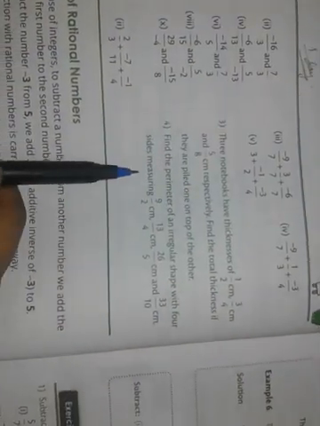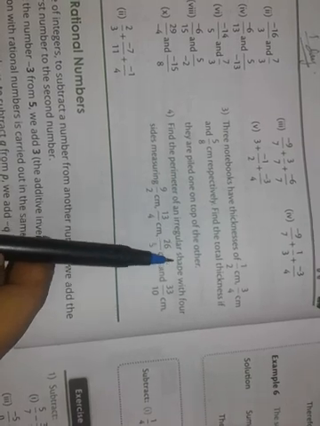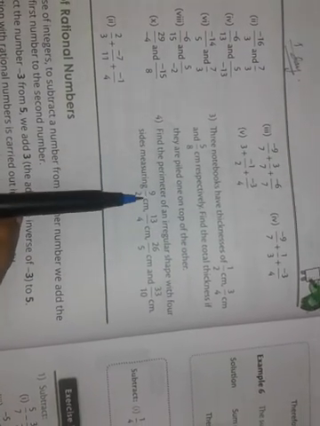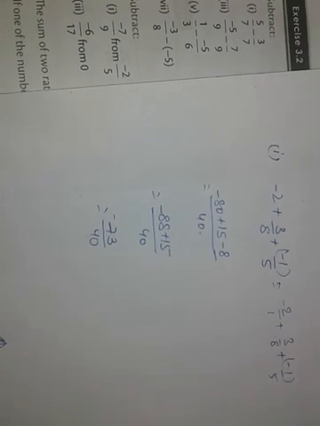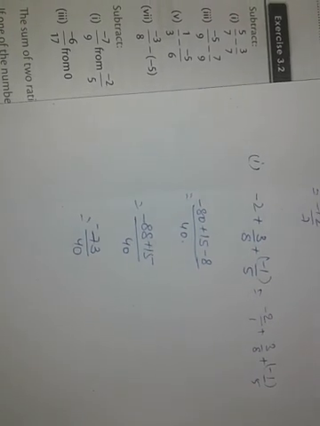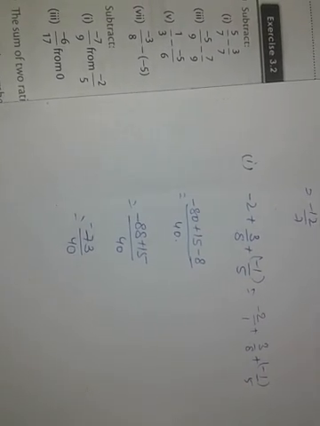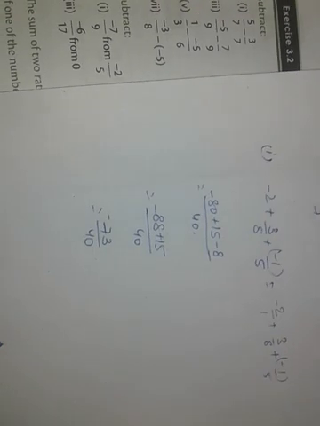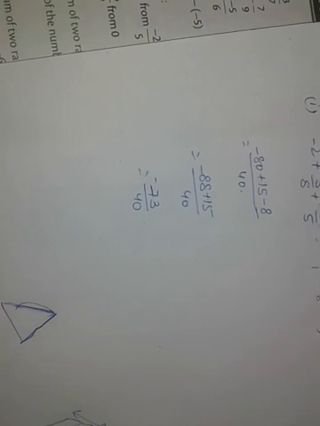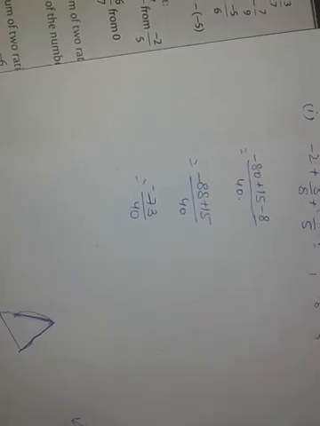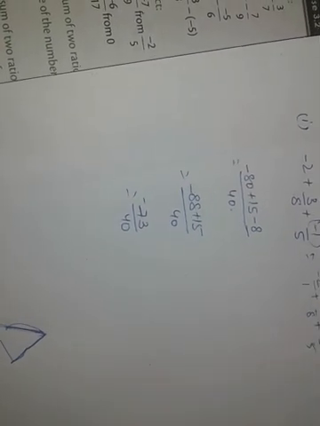Next, find the perimeter of the irregular shape with four sides measuring this much, and this much. We have to find the perimeter, that means the boundary. Suppose an irregular surface is there, like this it is going.